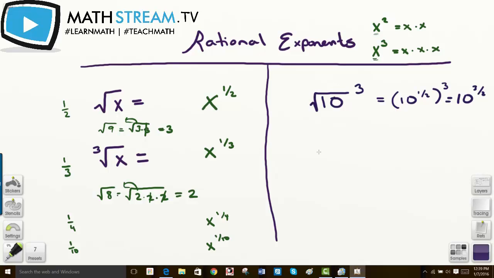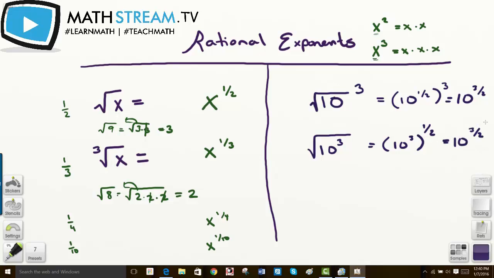Same thing would work if I took 10, I cubed it, and then I took the square root afterwards. So same expression, but in a different order. In this case, I would say I have 10 cubed, but then I want to take 10 cubed and take 1/2 of those factors, the square root. Again, a power to a power, you multiply. 3 times 1/2 is 3/2.